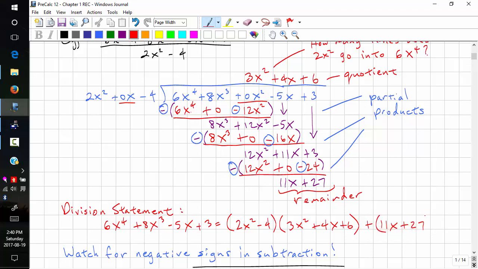And I'm just going to put brackets around here to make clear that that's our remainder. So our remainder doesn't have to be just a constant, it can be a polynomial. And again, watch for negative signs in subtraction.